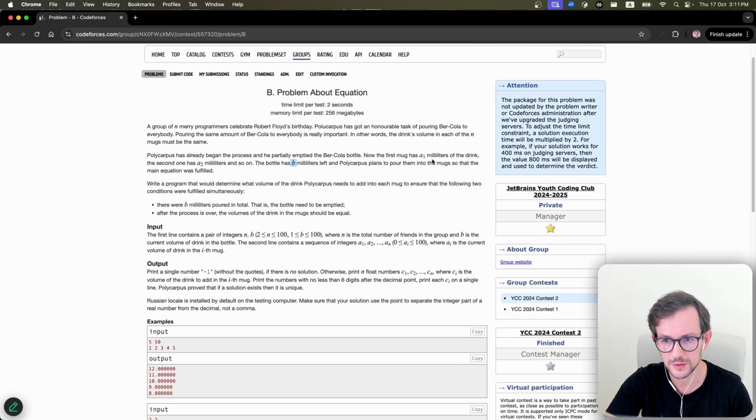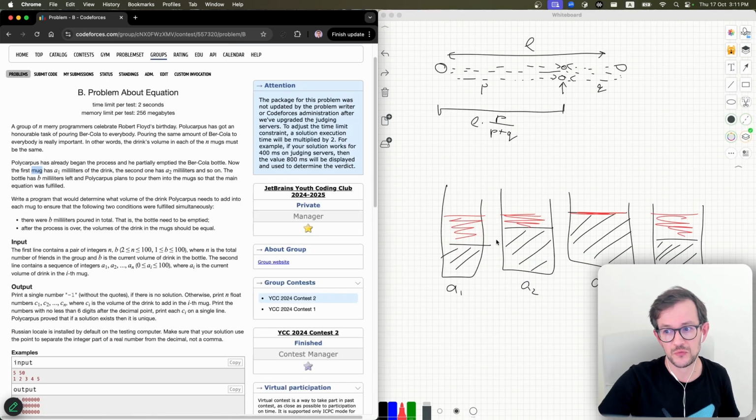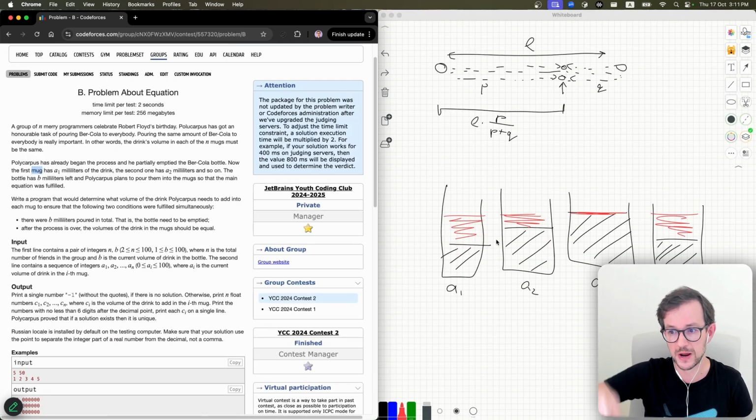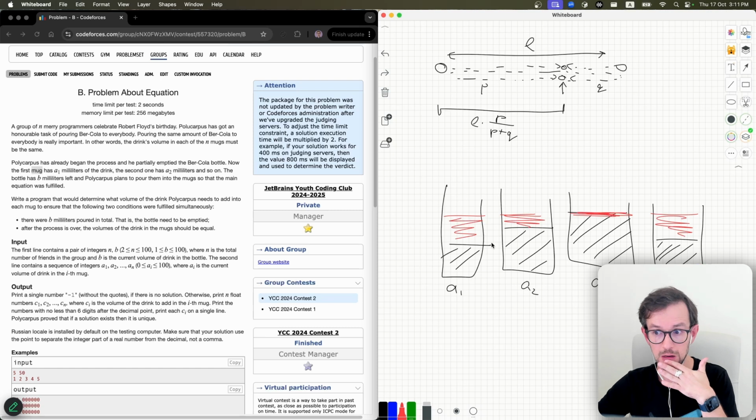Yes, it's one bottle, but these are mugs. Okay. So if you add enough water to each mug, so they all match the maximal mug, now I have an equal amount of water in each mug.